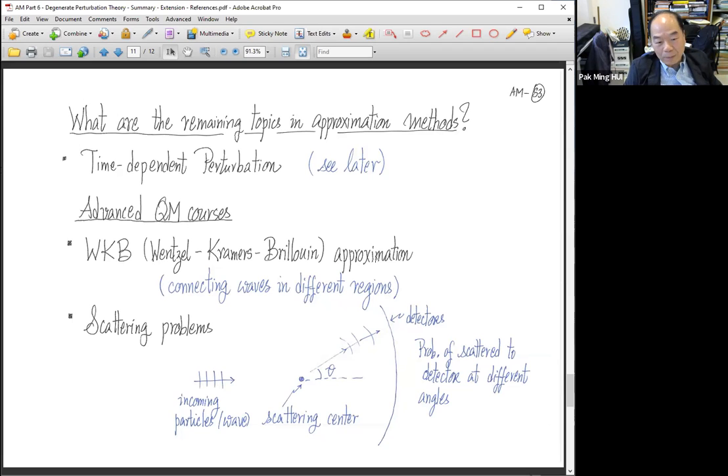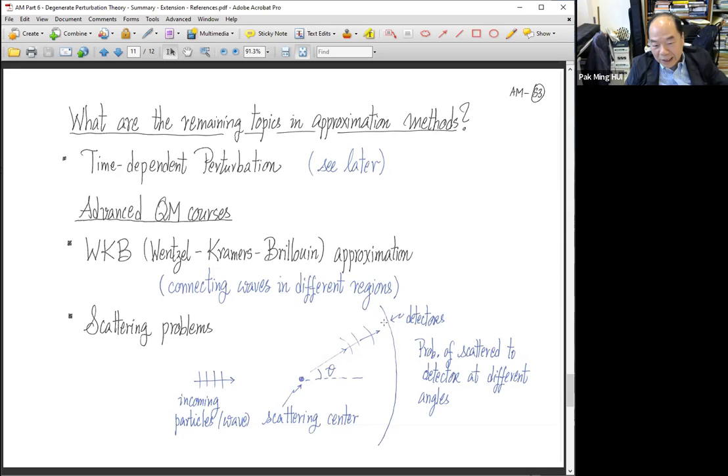Another big problem in approximation methods is about scattering. So I have a scatterer, an atom or a particle, and then I have electron waves coming in, and they scatter out. Experimentally, you put a detector screen on this side.